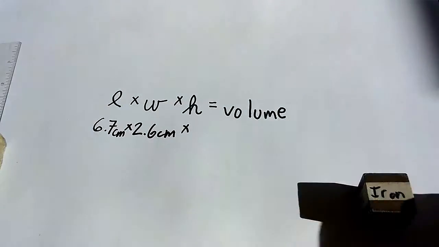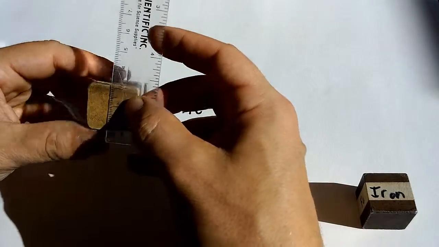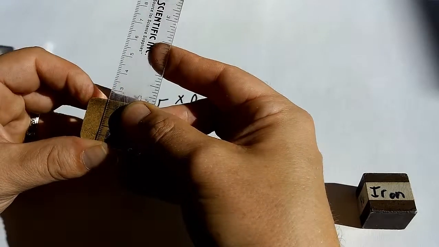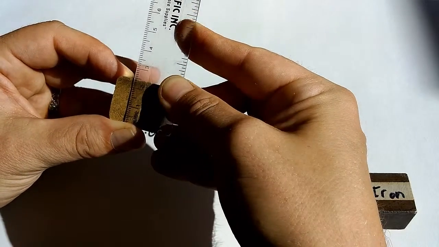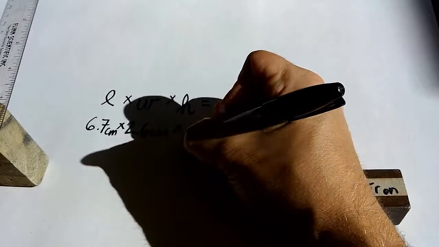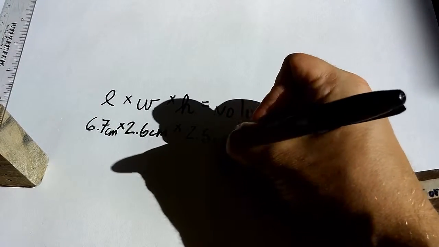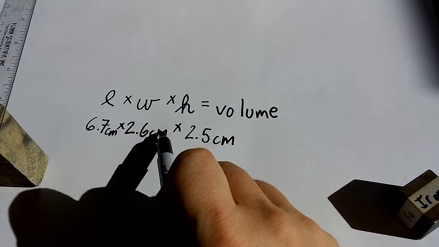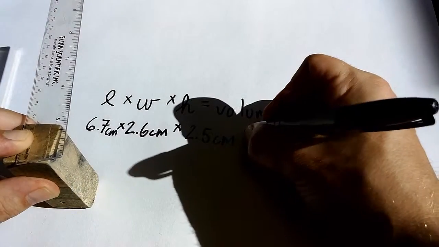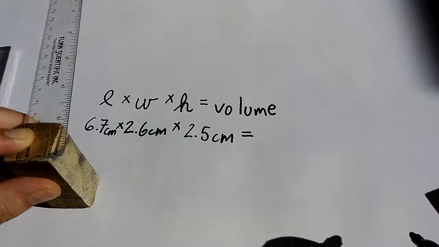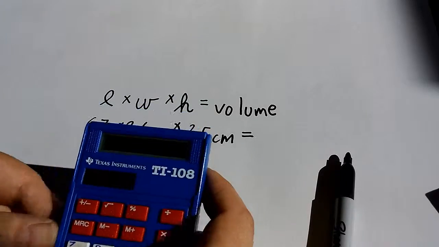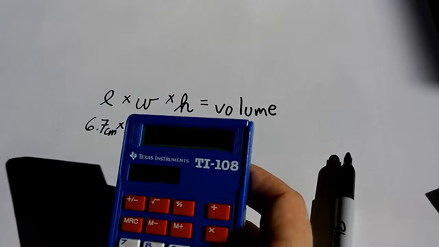And lastly, we need the height, which is the up and down. So I take this and I put it on here, and that looks like 2.5. Notice we have centimeters, centimeters, and centimeters. So now we multiply these together and we calculate our volume. So we'll take out our calculator. We'll enter in these numbers one at a time.